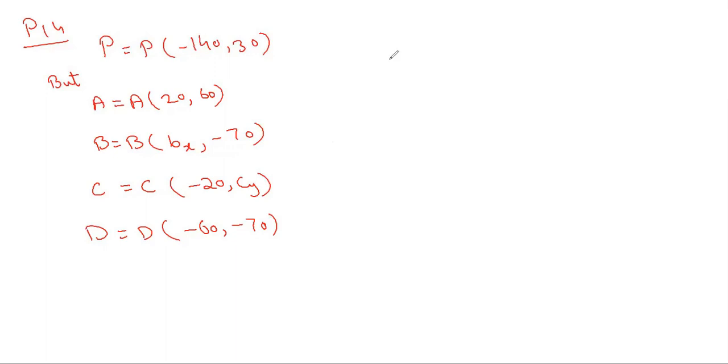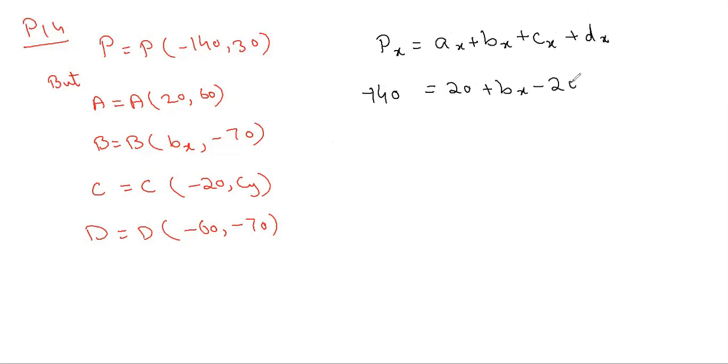So you can just use the same terminology. The x component of the resultant vector, let me call it px, will be equal to ax plus bx plus cx plus dx. So px is equal to minus 140. Ax is 20, bx is unknown, minus 20, minus 60.